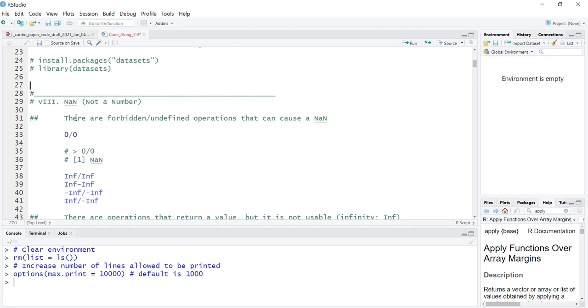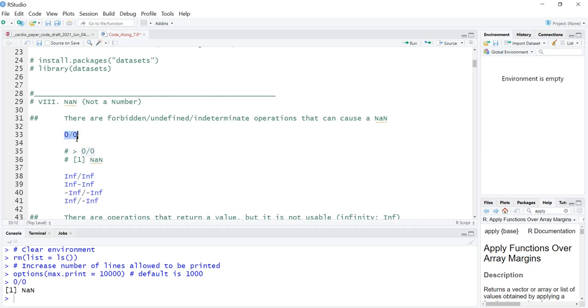So in mathematics, there are some undefined or indeterminate values or operations. So 0 divided by 0, what happens? I get NaN, not a number. You can't divide 0 by 0.